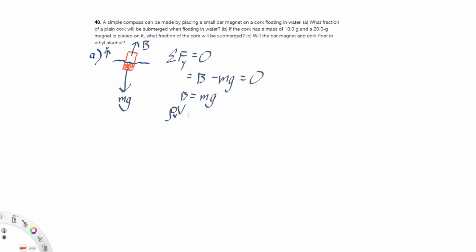So this V here, maybe we'll do V_u for the volume that's underwater, and for the whole cork, the weight of the cork is going to be its density times its whole volume. That'll be the mass, and then times gravity will be the weight.